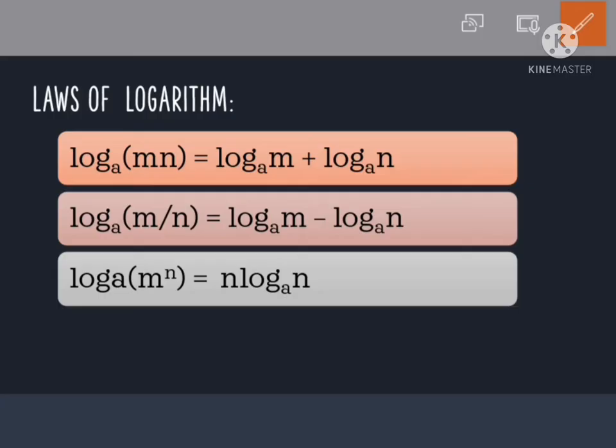Laws of logarithm are this. So let's come to the first one. For example, I can write log of 40 at base 10 is equal to log of 4 plus log of 10.